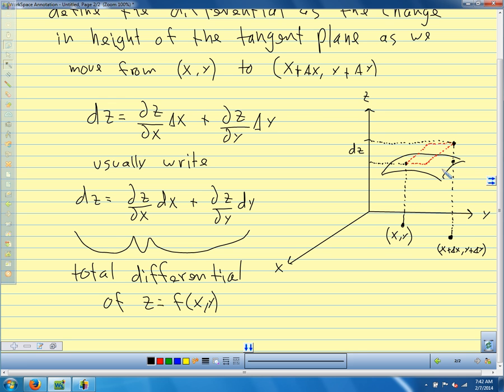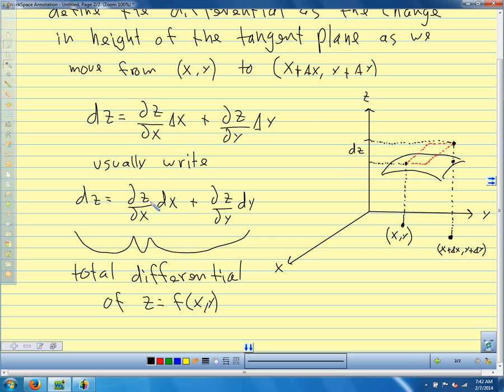A couple of important things about the total differential. If we evaluate it at a particular point, it is a linear function of delta x and delta y. The dz/dx and dz/dy are just our coefficients, just numbers at a particular point. So we can use the total differential as a linear approximation to the surface, just like we use the differential as a linear approximation in single variable calculus.